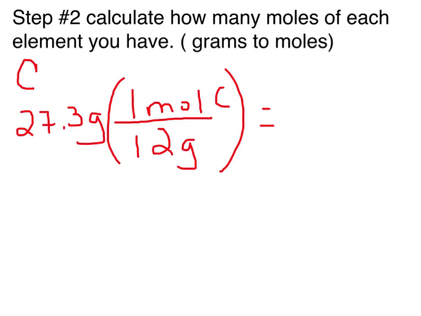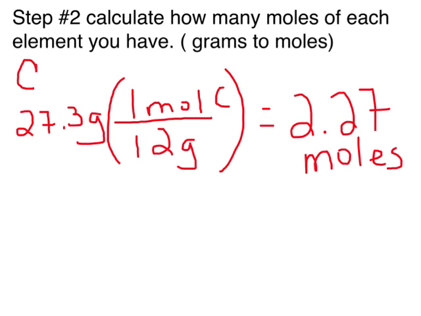I'll do the math. So I'll take the 27.3 and divide it by 12, and I'll get the answer of 2.27 moles. Okay, because the grams and the grams cancel out.